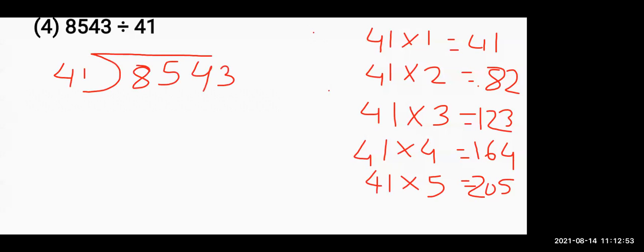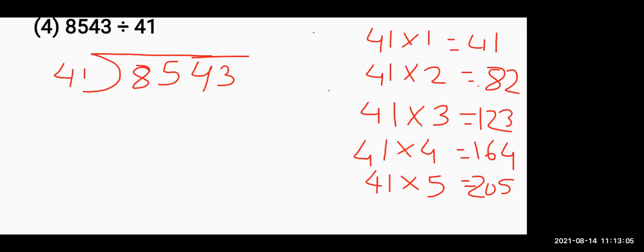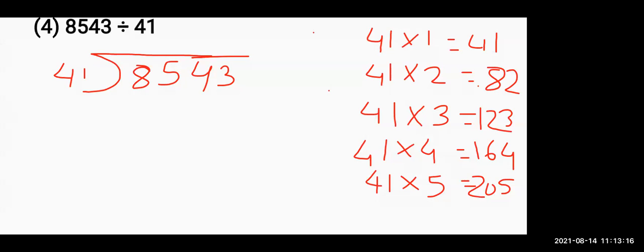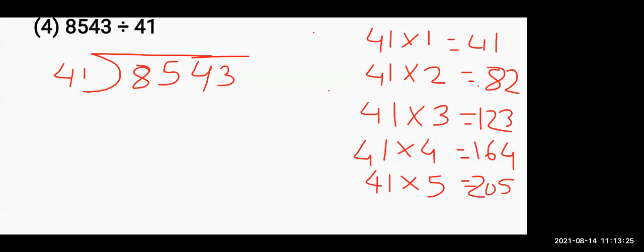Chalo, which number should I take? 41 ones are, 41 twos are, or 41 threes are? Teacher, 41 twos are 82. Very good.